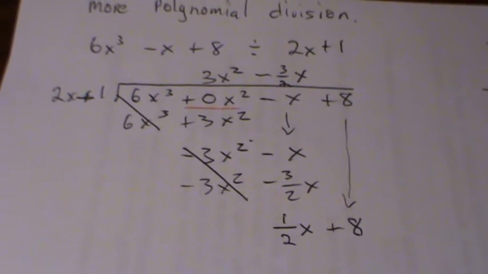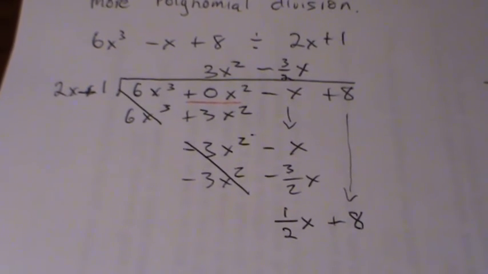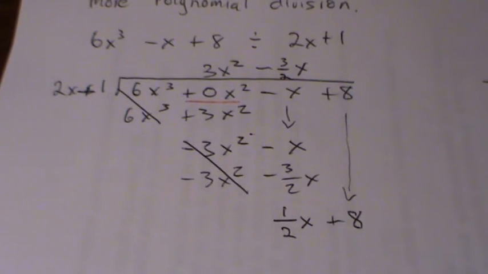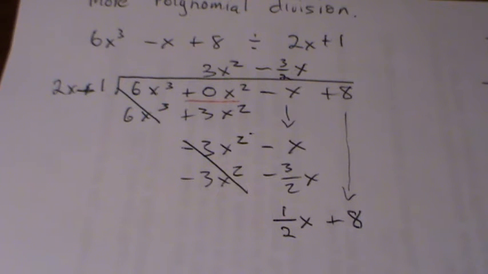Now I ask myself, what do I multiply 2x by in order to get a 1 half x? It looks like I could multiply it by 1/4.